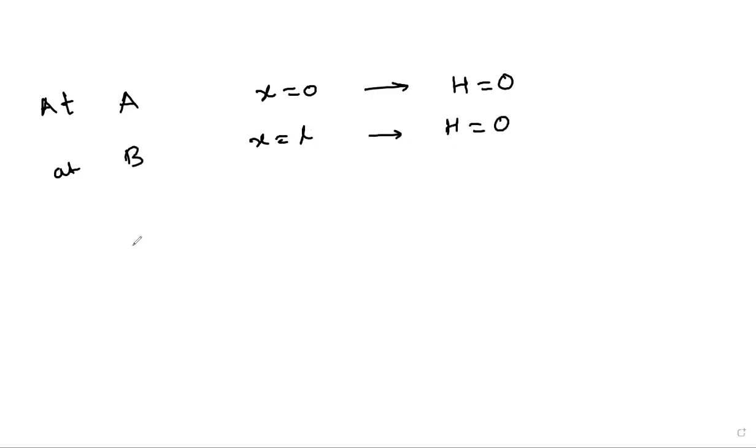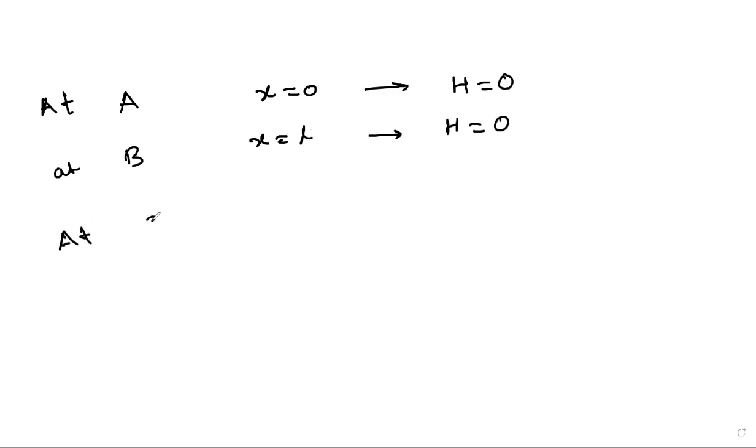At A, X is 0 from the support, so if you put the value of X in the previous equation, you get H equal to 0. Then when X is equal to L, at B, H is also equal to 0.